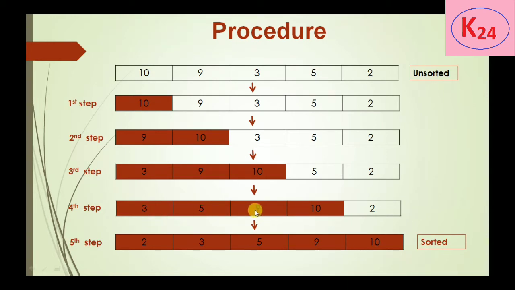So 3, 5, 9, 10. At the last step, the 2 will be compared with all these elements and take the position at the first place. Now all these elements are in ascending order, so this is the sorted list. This is the program of insertion sort.